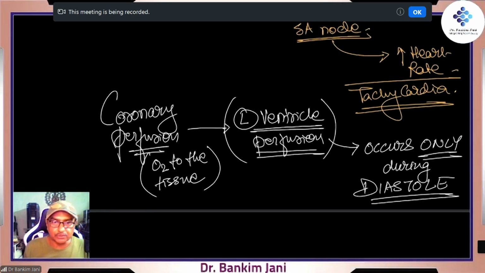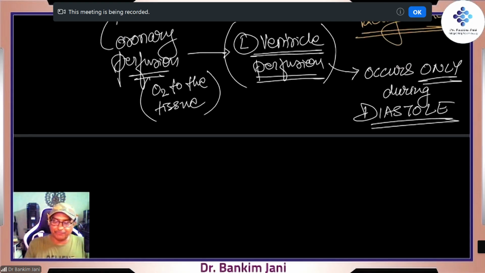Now, when the heart is failing, it means it is not getting the oxygen. And whosoever is demanding more oxygen, if we give less oxygen to it, that is more susceptible to ischemic changes. Ischemia means lack of blood, right? Myocardial infarction, right? That is when the tissues start dying.